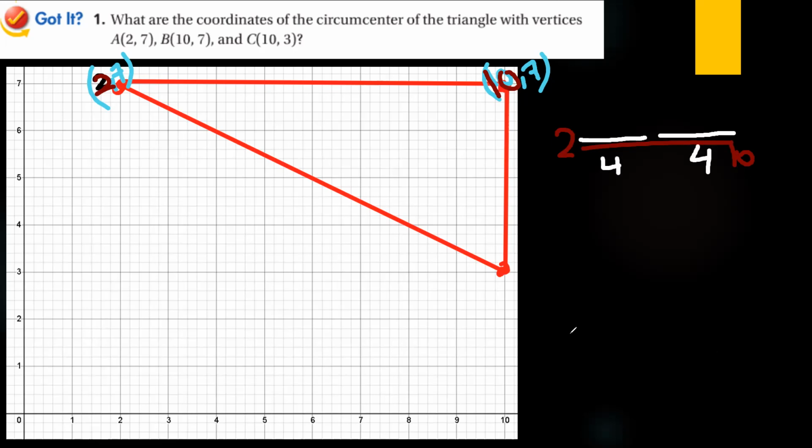I divide 8 by 2 and get 4. I start to count 4 steps, starting from point 2, so they will be at point 6. So the midpoint here is at point 6.